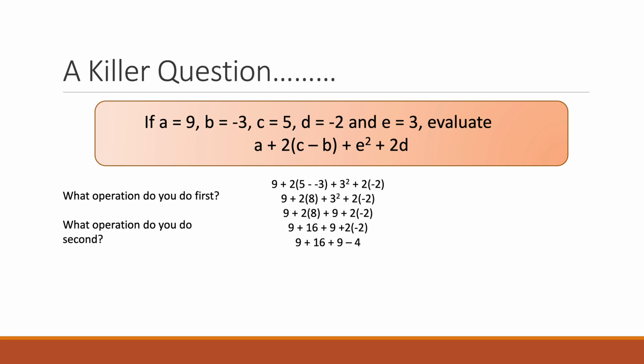Then, because we only have addition and subtraction left, and remember, whenever we see addition and subtraction, we always just go left to right. Addition does not always go first. It's always left to right with those two when they're the only thing left. And that would give me 25 plus 9 minus 4, which is 34 minus 4, which is 30.